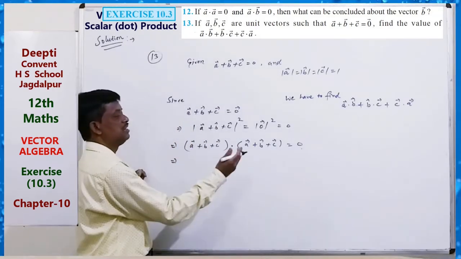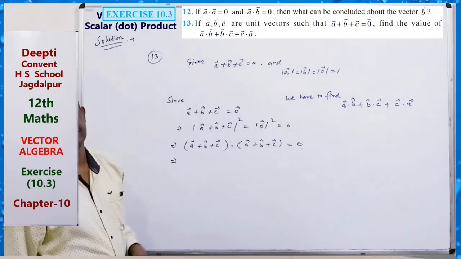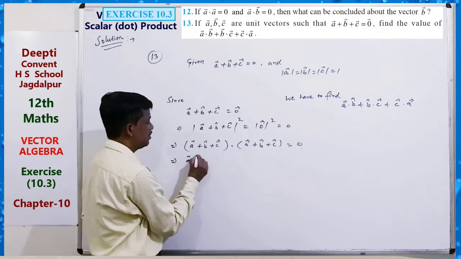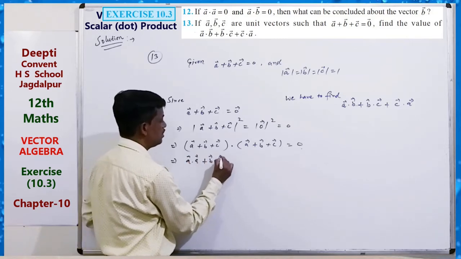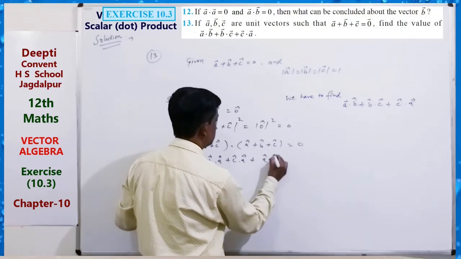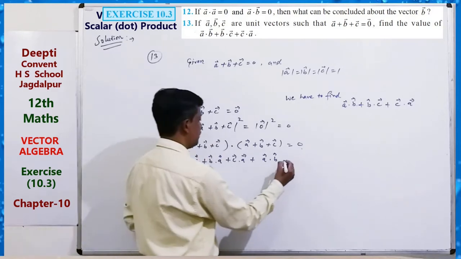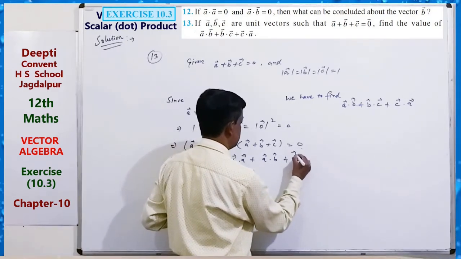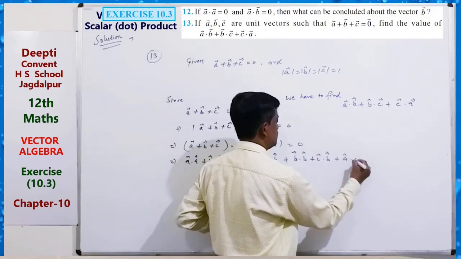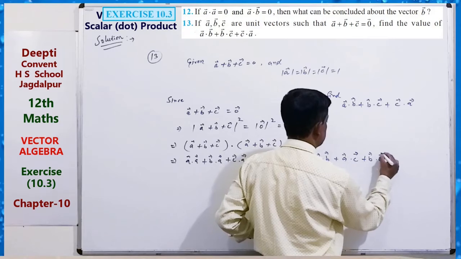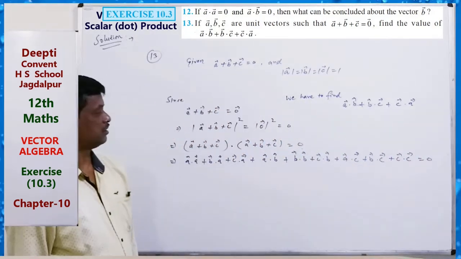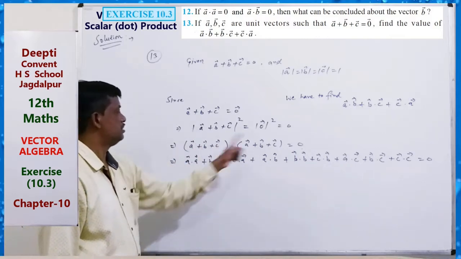So just multiply it and use this, then you can get the value. So A dot A plus B dot A plus C dot A plus A dot B plus B dot B plus C dot B plus A dot C plus B dot C plus C dot C equals 0. Clear? Just multiply A to this, B to this, C to this.